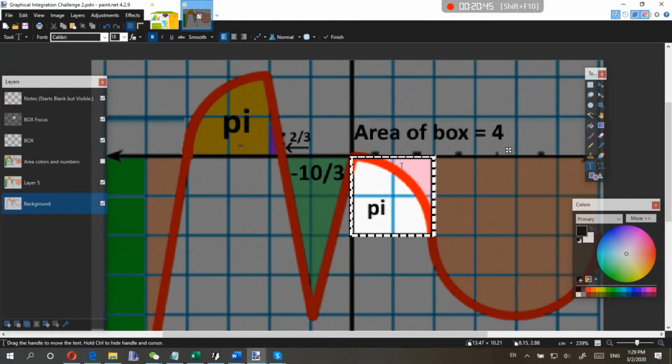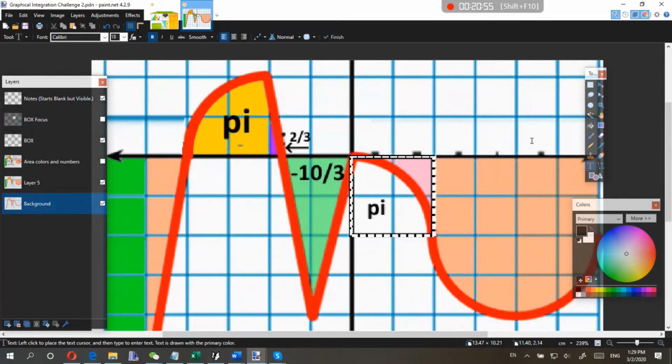So if that's true, this space in pink would be 4 minus pi units, and it would be negative because it's underneath the curve. So we could say this area in pink is negative 4 minus pi.